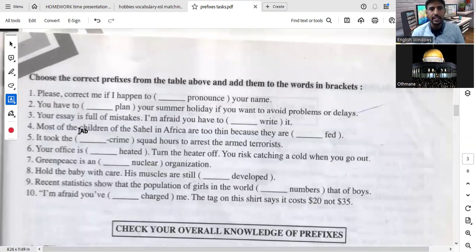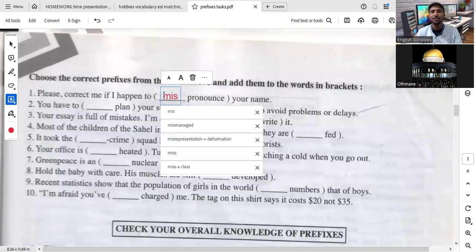Number one: please correct me if I happen to mispronounce your name. To mispronounce means to pronounce it in a bad way. This is something that we mostly say to our students at the beginning of the year. When students get into the class, I get the student list for the first time.